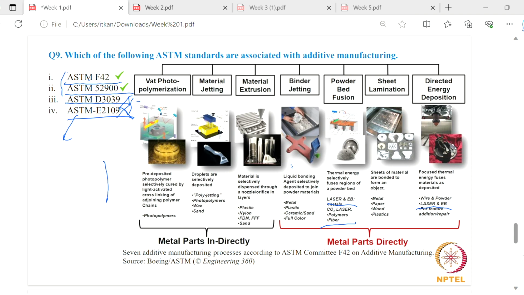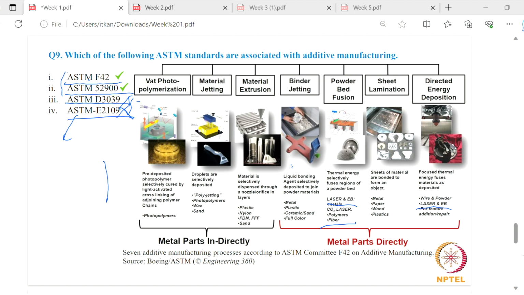Electron beam powder bed fusion is costlier and the accuracy is also higher. In directed energy deposition, we have a nozzle with wire and a laser or electron beam, which melts the particles and deposits them in the form of beads.